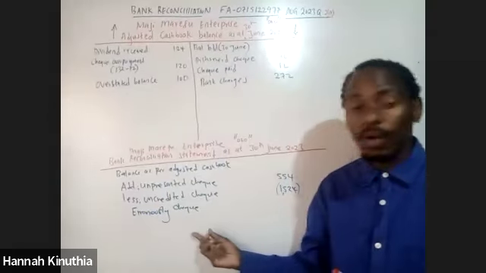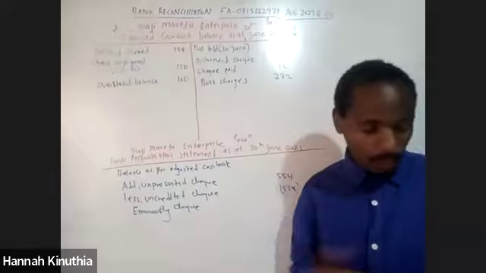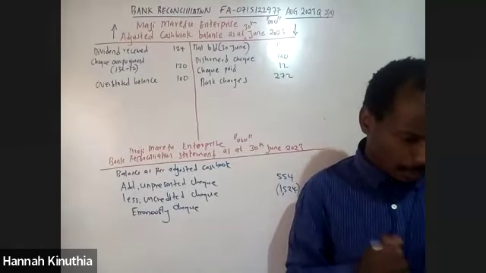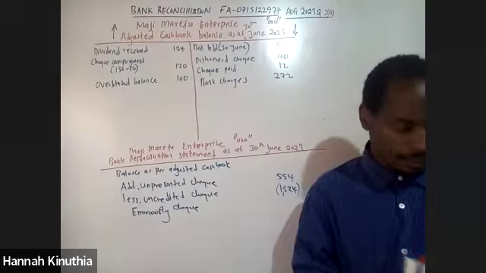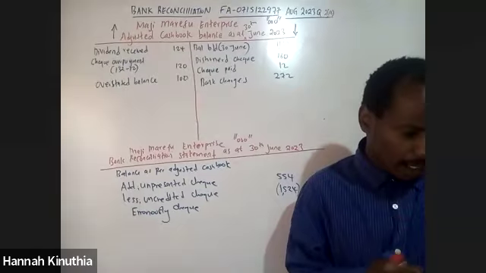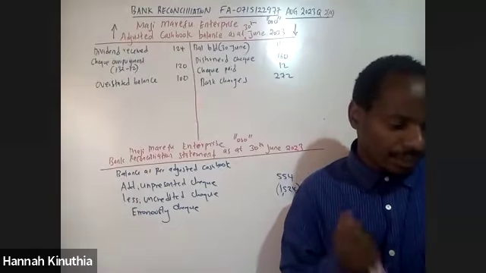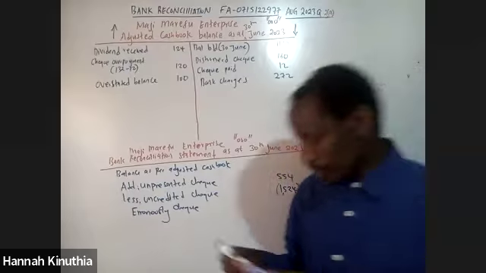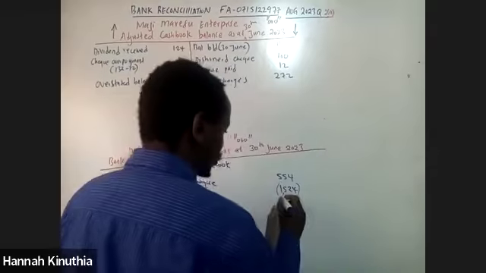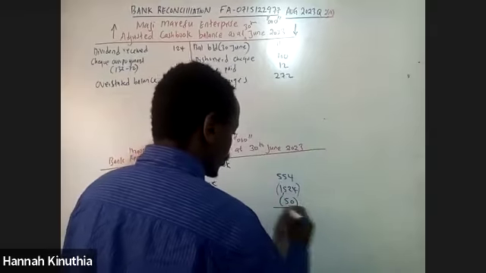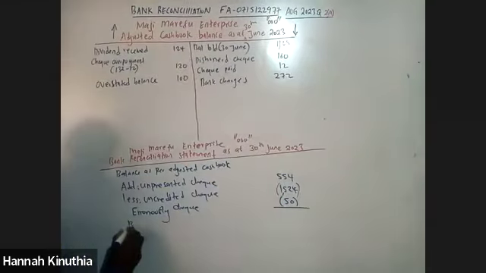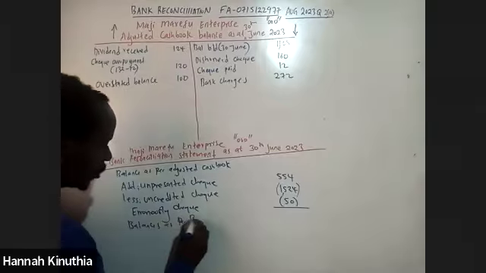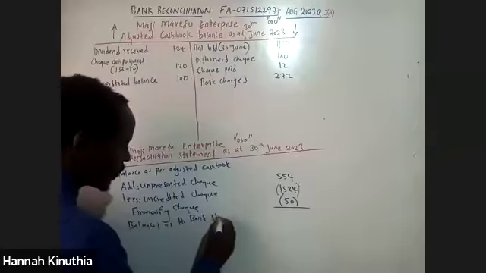So ukiona the word debit kwa bank, ni kumaanisha ilikuwa imefanya nini? Ilikuwa increase our balances. Has erroneously been debited in our bank statement. So we need to reduce that amount so that we have the balances as per bank statement.